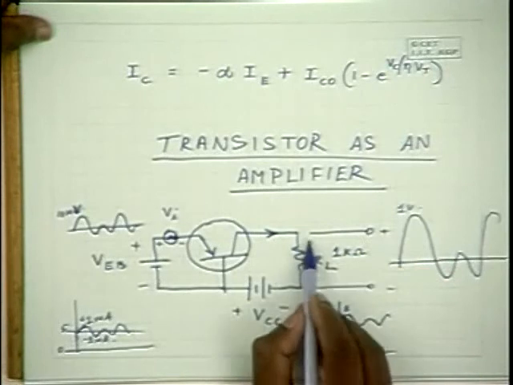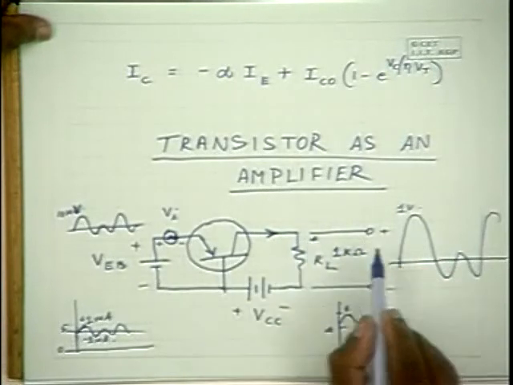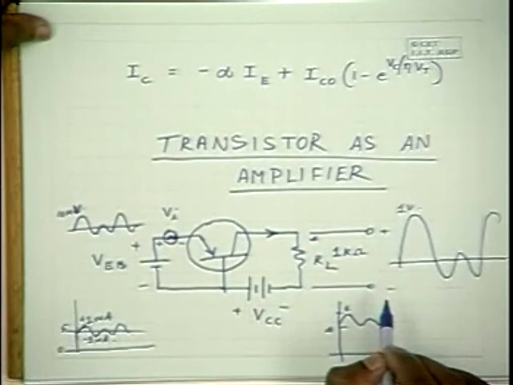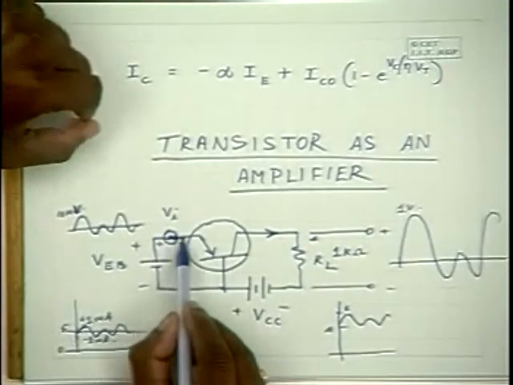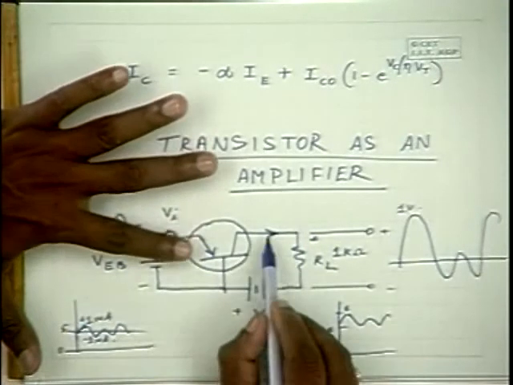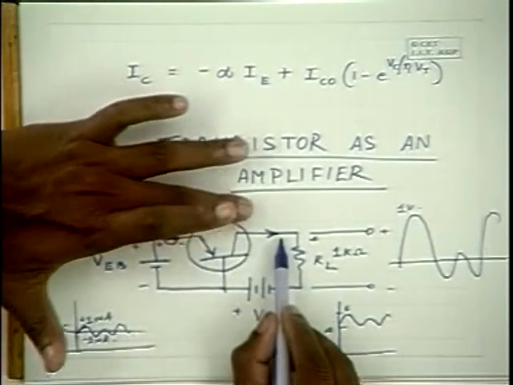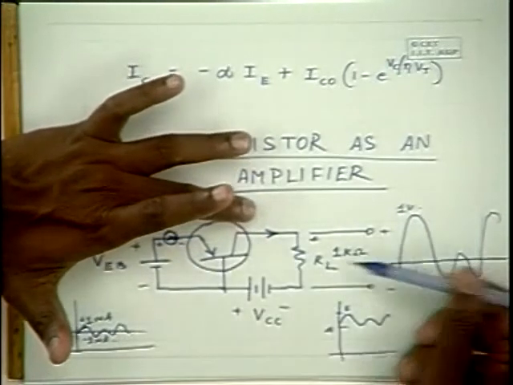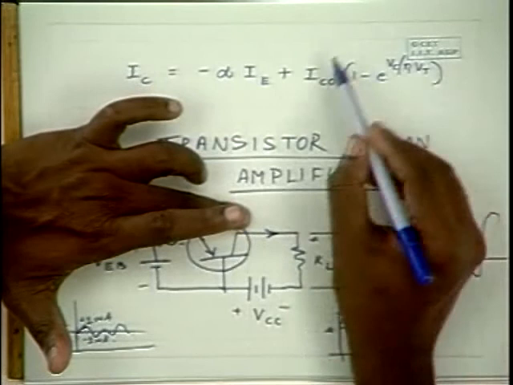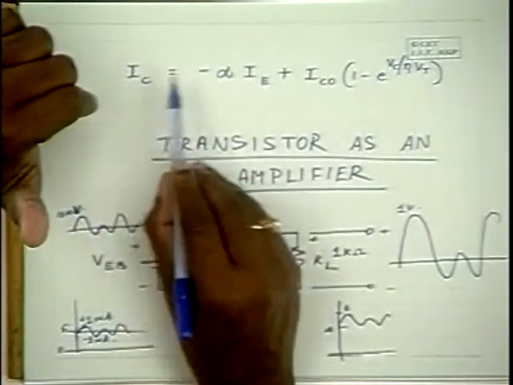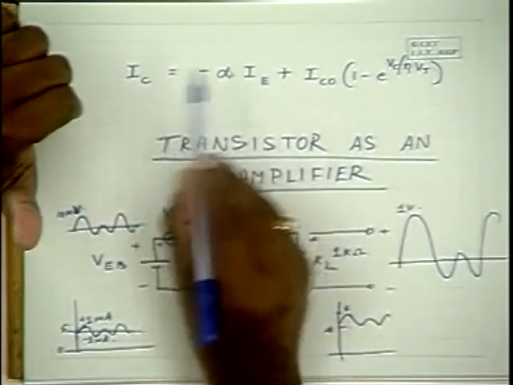what kind of voltage do you expect at the output over here? When this alternating signal is not present, we expect 98% of this 5 milliamperes on this side. I am neglecting the reverse saturation current, in which case the collector current is almost 98% of the emitter current.